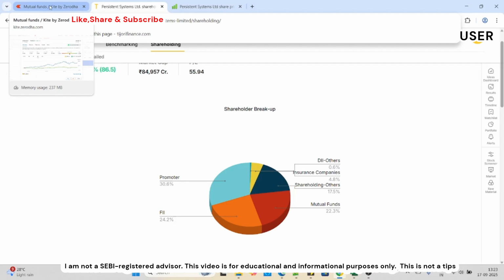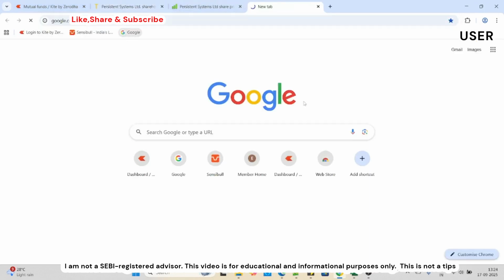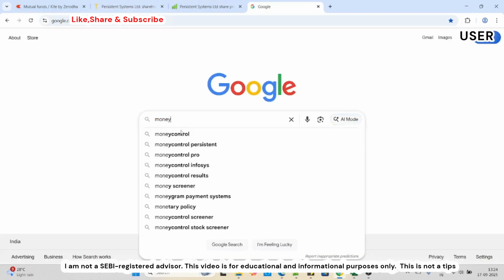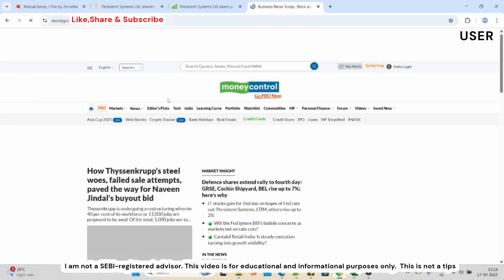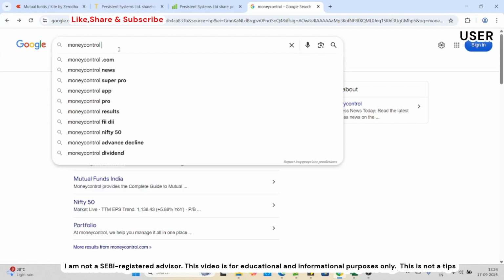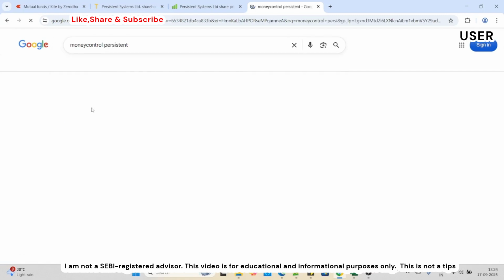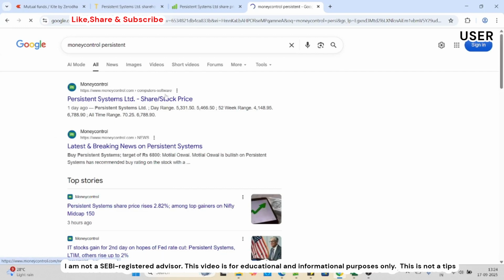Also we have Moneycontrol. Moneycontrol also gives a very fine view about the fundamentals of the stock, but it is loaded with a lot of ads. That's the reason it's a bit slow, but you can also consider the genuine data here.